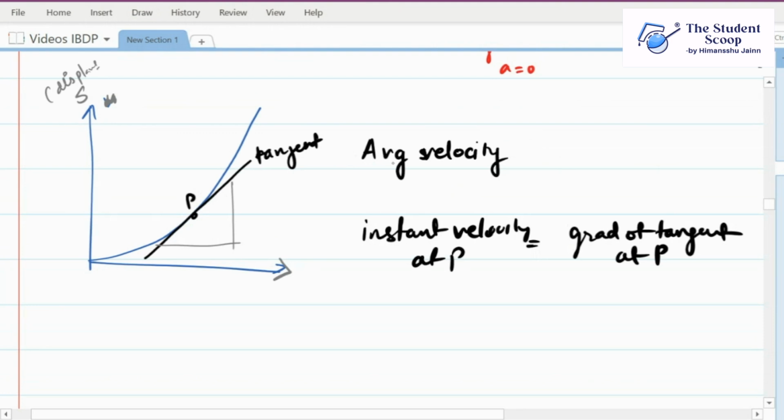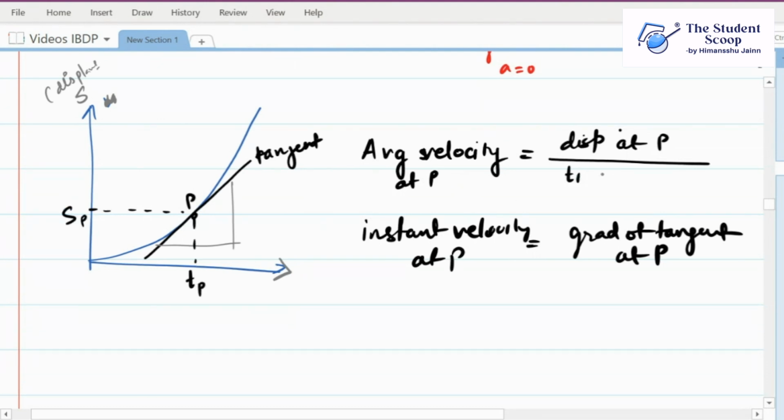Then for average velocity, let's say at a particular point P, I will take the displacement until point P, which must be somewhere here, and then the time taken, so the time at P. We can take this and find the average velocity from the graph of displacement versus time.